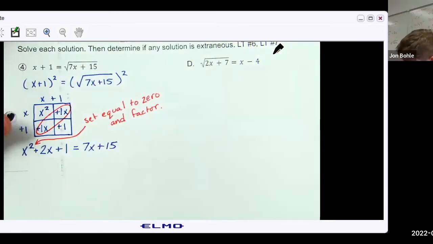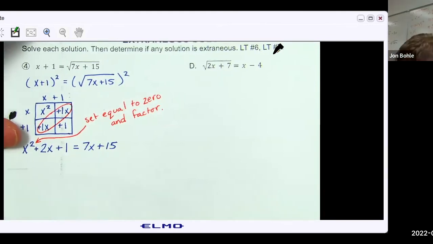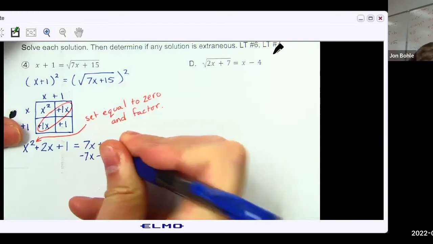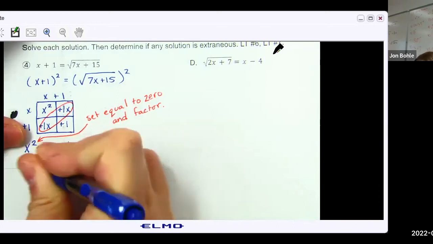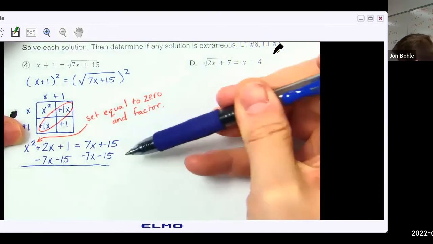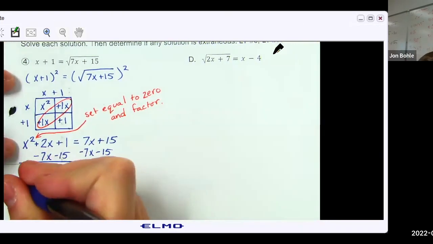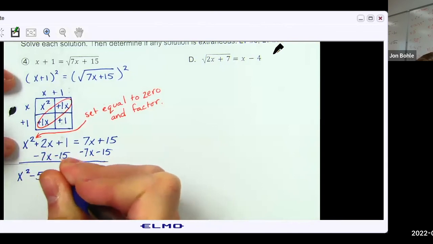When you set it equal to 0, move things to the side of your x squared or your x cubed, or whatever you get. So I'm going to do both minusing 7x and 15 at the same time for the sake of time. And I'm going to get x squared minus 5x minus 14.